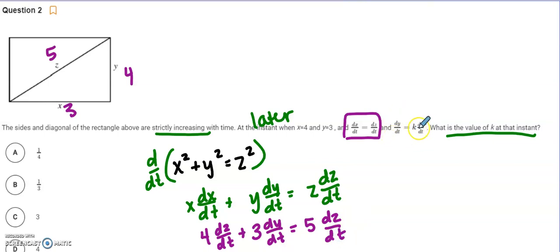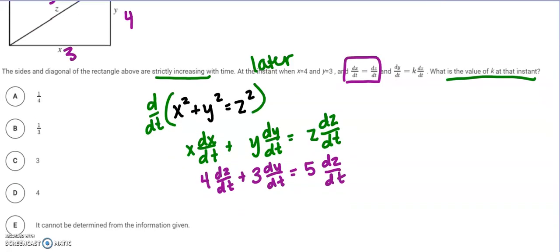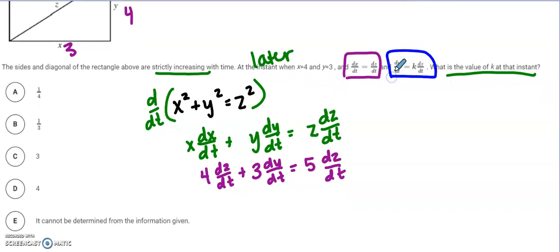All right, and so we're trying to make a relationship between dy/dt and dz/dt. So let's get things set up. This is our goal, right? Is to get dy/dt equal to something times dz/dt. So I need to get dy/dt by itself. So I'm going to subtract 4 to the other side.